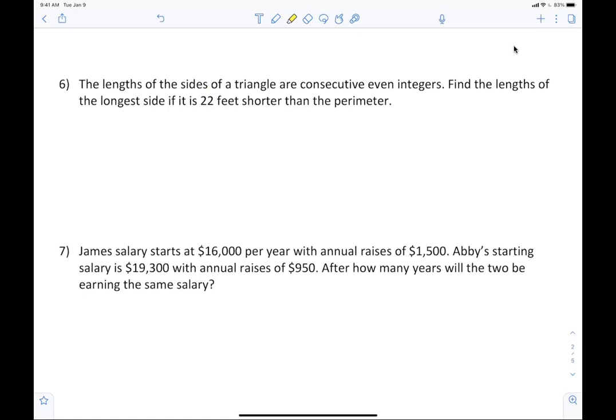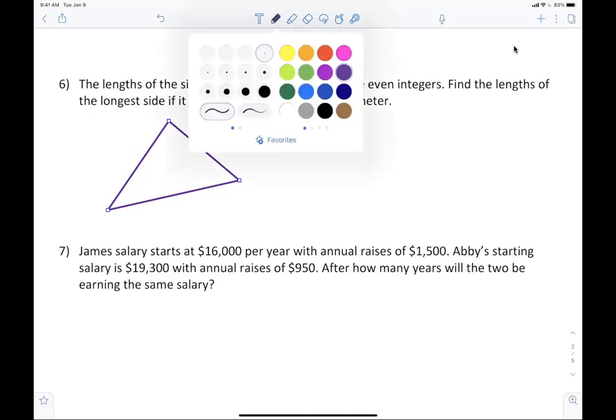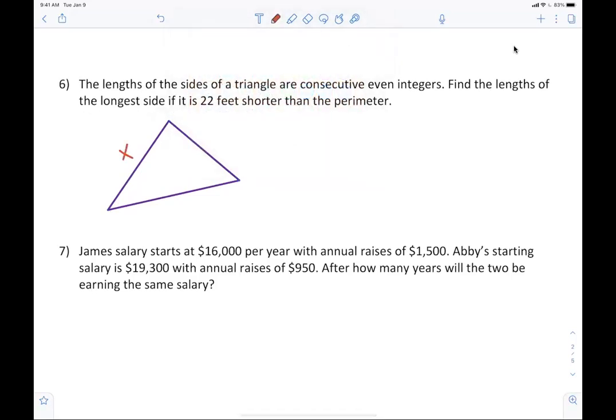So in my opinion, you should just make yourself a triangle. And how do I represent consecutive evens? x, then x plus 2, and then x plus 4. All right, so now we set it up.